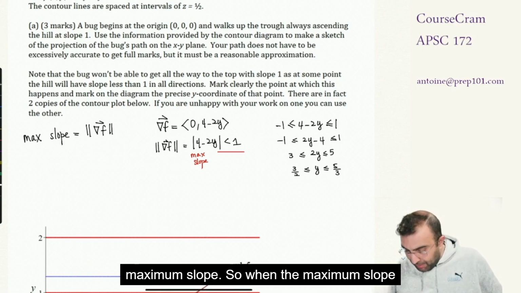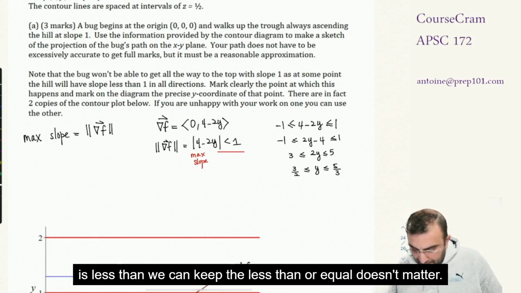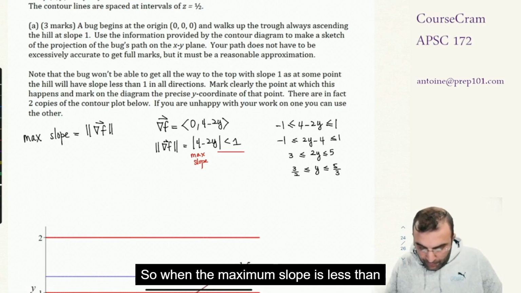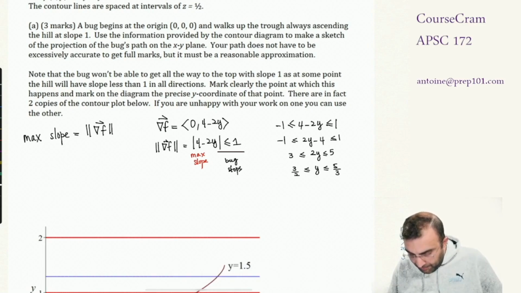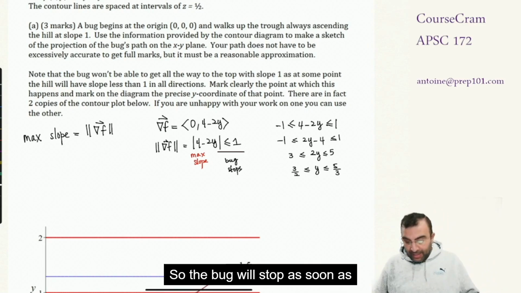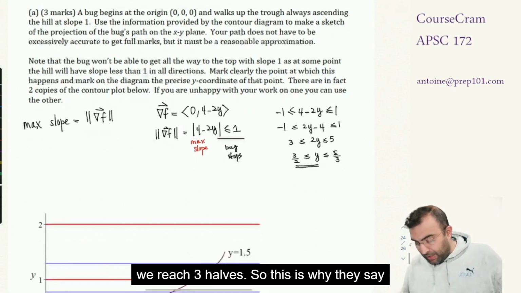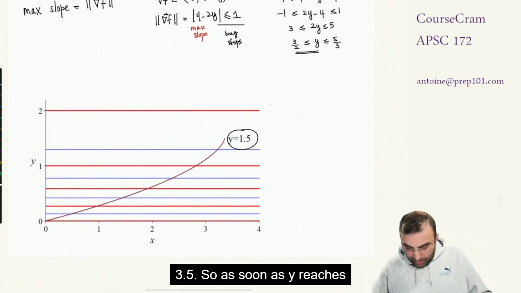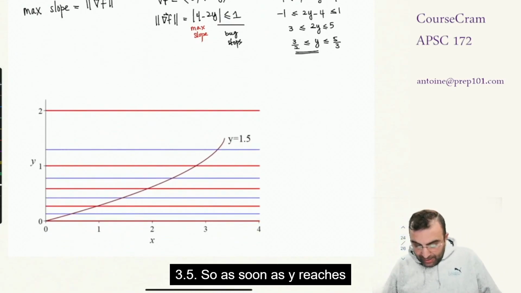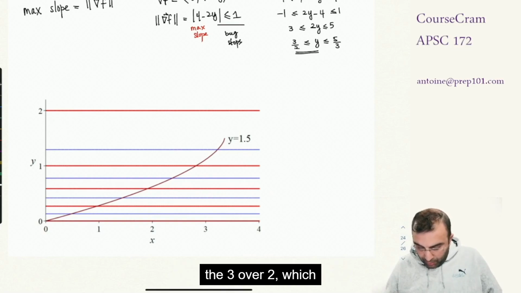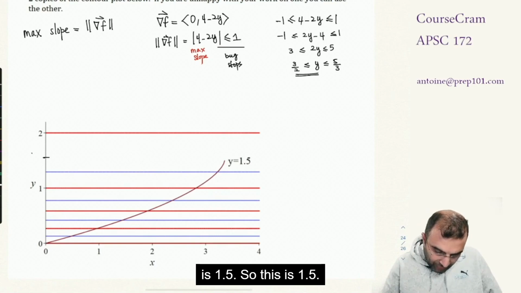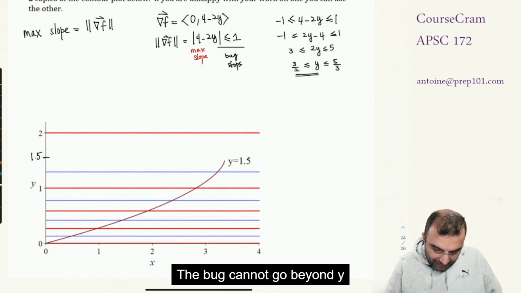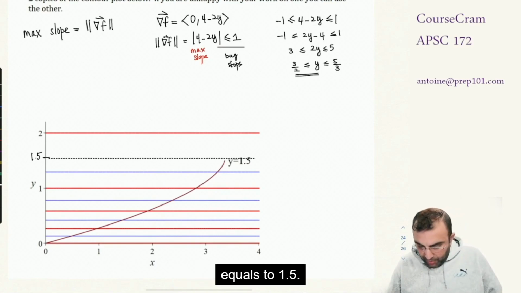So when the maximum slope is less than or equal to 1, it doesn't matter, that means the bug stops. So the bug will stop as soon as we reach 3 halves. So this is why they say 1.5. As soon as y reaches 3 over 2, which is 1.5, the bug cannot go beyond y equals 1.5.